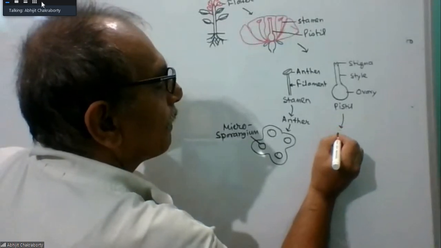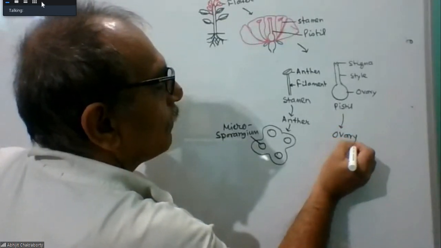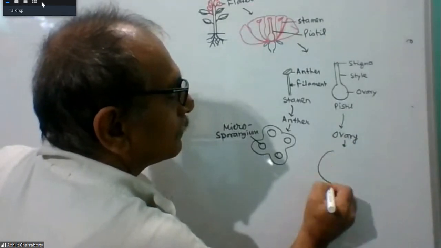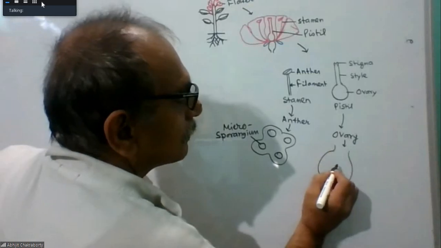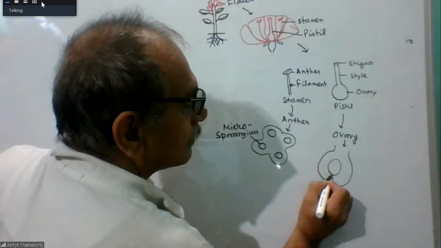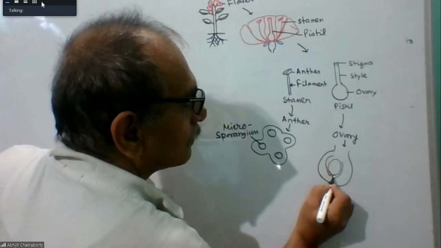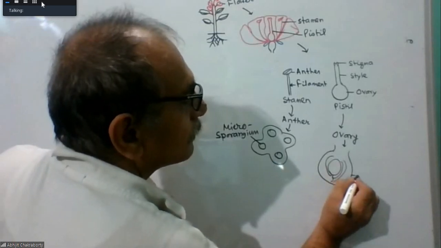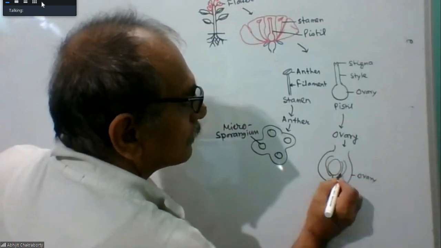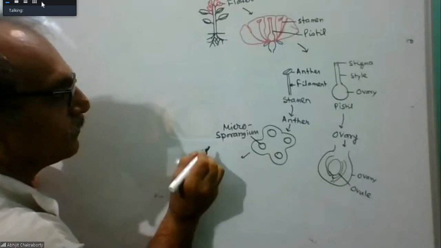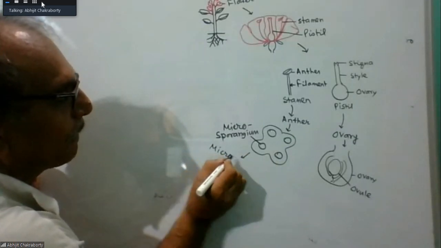Pistil, ovary, inside the ovary the ovule is found.